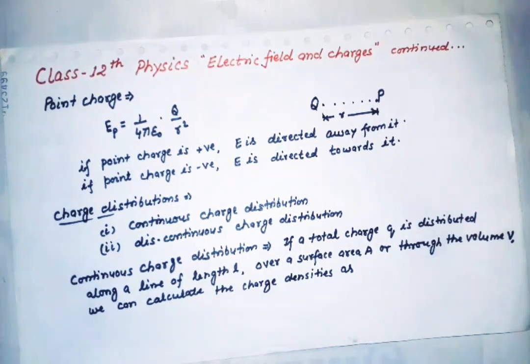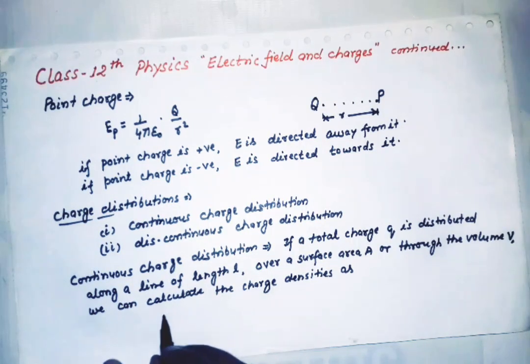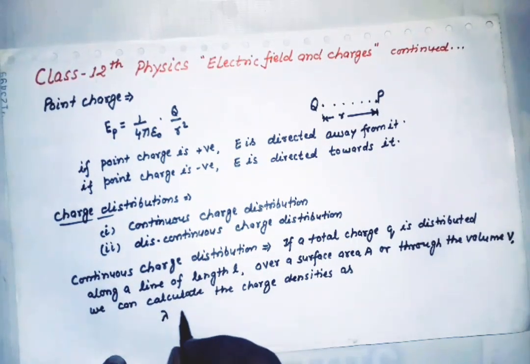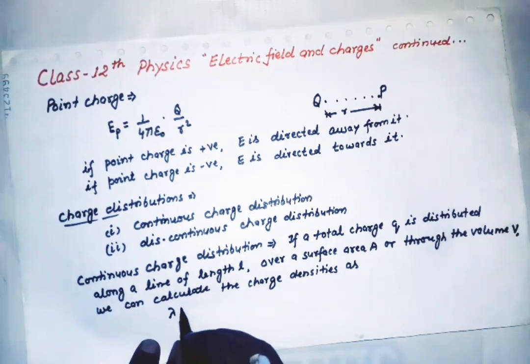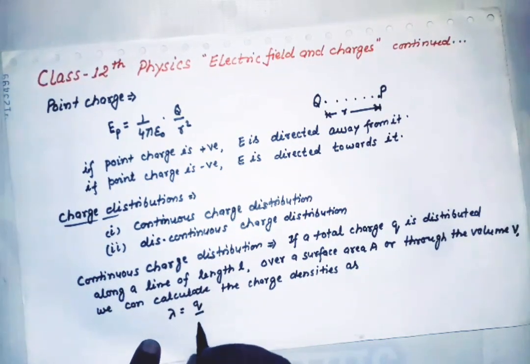Charge density along the length is denoted by lambda. Lambda, this is a Greek letter, lambda is equal to Q by L.